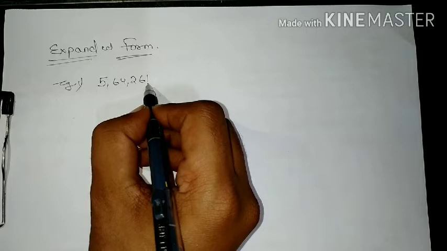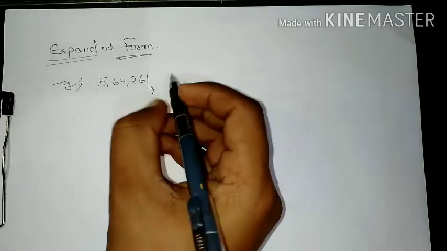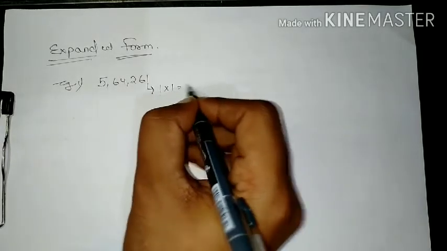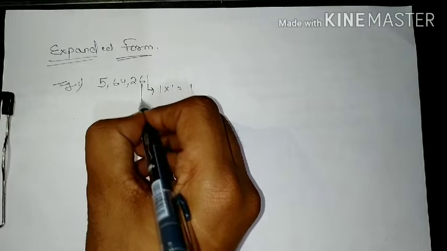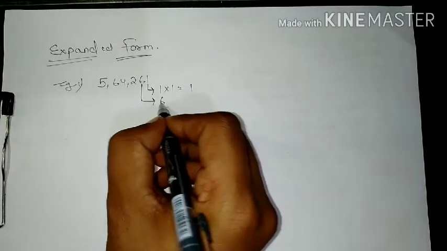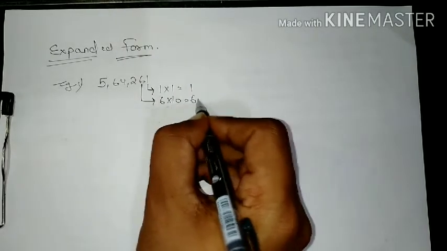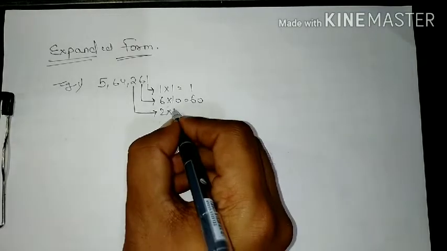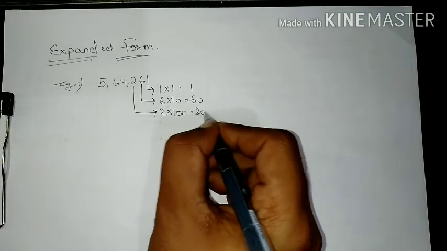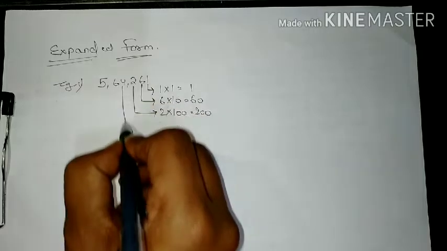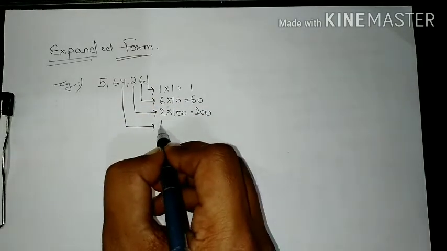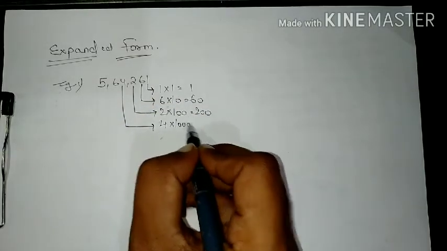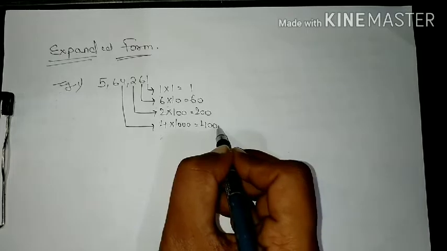You know that this is at ones place, so 1 into 1 is equal to 1. This is at tens place, 6 into 10, 60. This is at hundreds place, 2 into 100, 200. This is at thousands place, 4 into 1000, 4000.